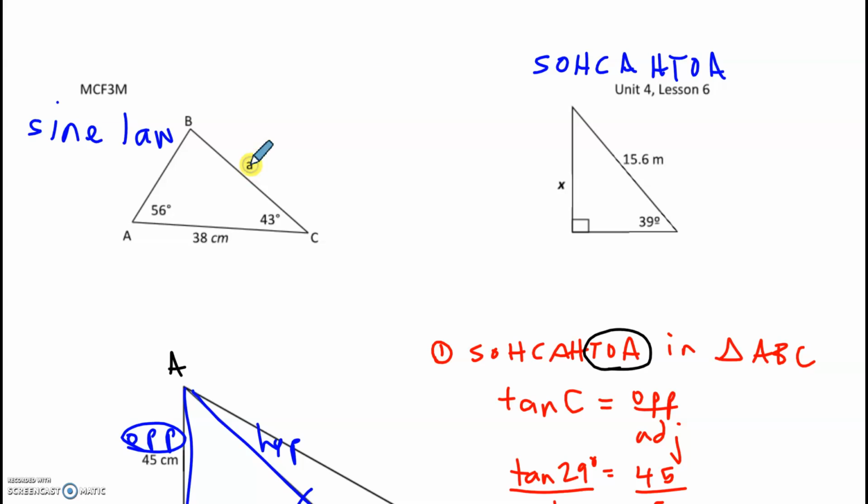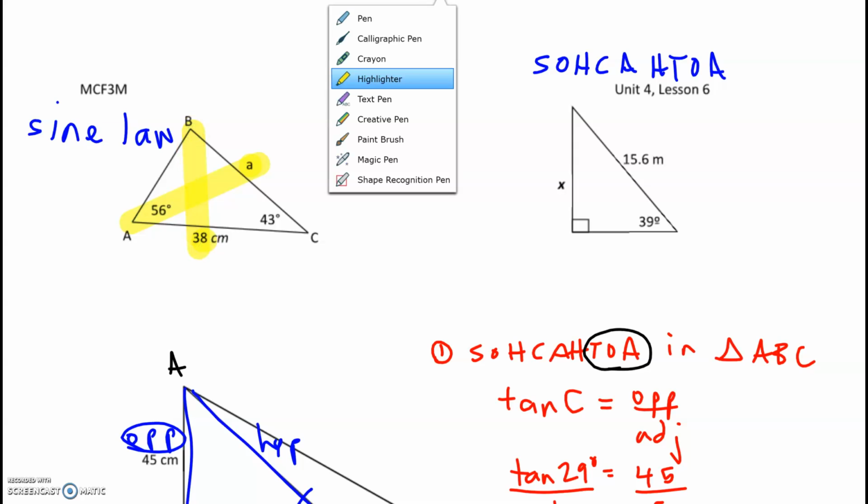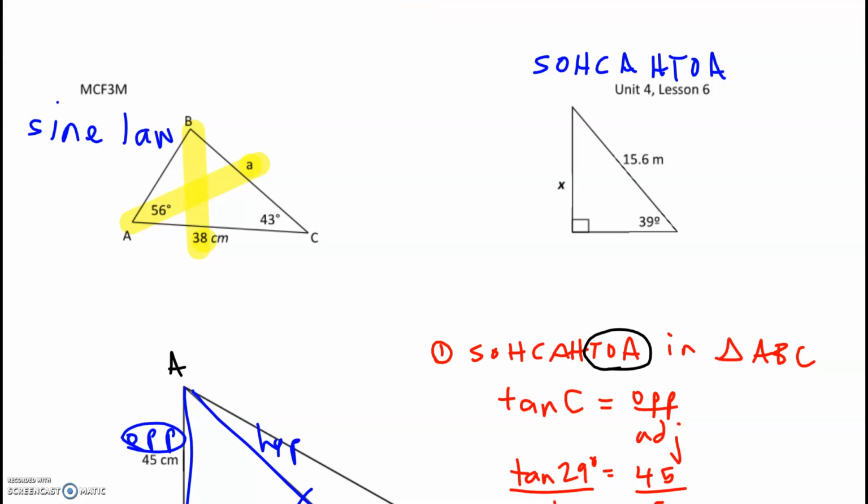I'm finding side length A, and it's across from angle 56. Perfect. And I have side length 38, but I have no angle B. But because I know all three angles in a triangle add up to 180, I can find angle B. So I just have to do 180, subtract 43, subtract 56.